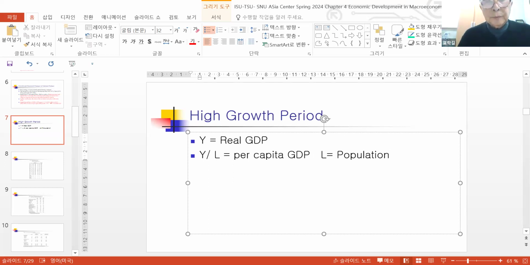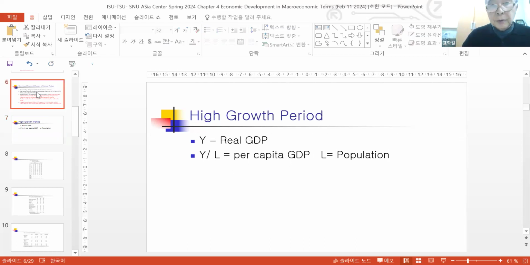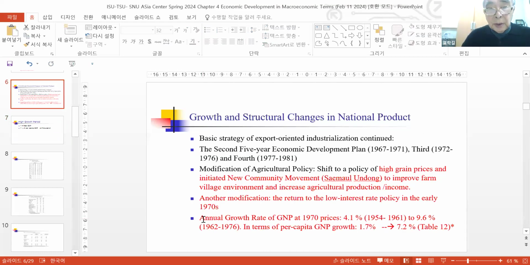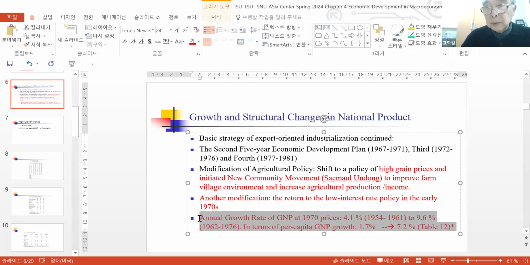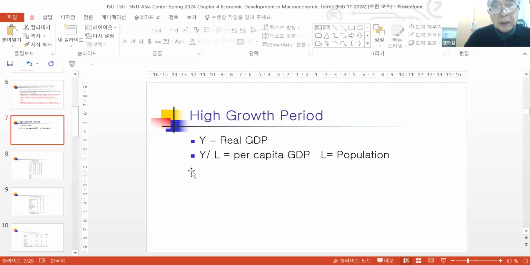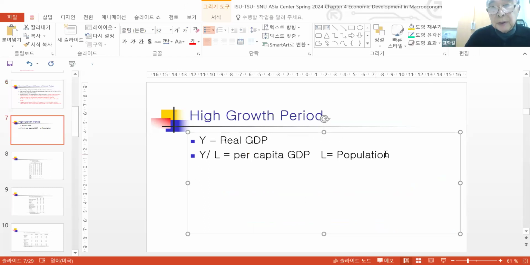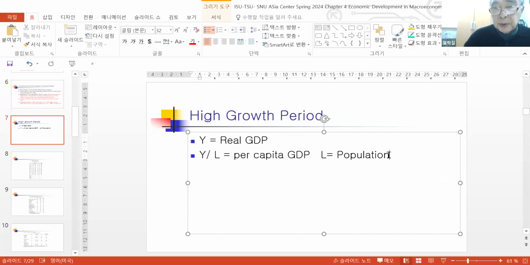Okay, so according to here, you see, annual growth rate. I copied that remark here to let you understand what is going on.